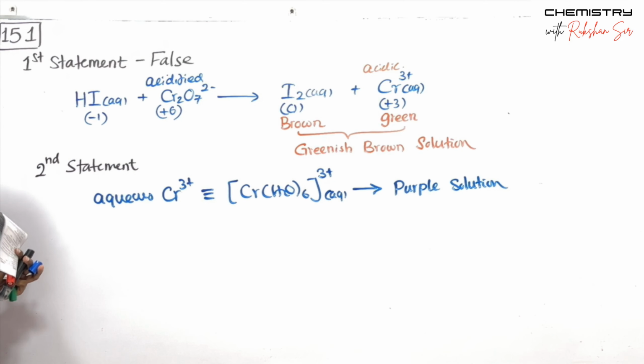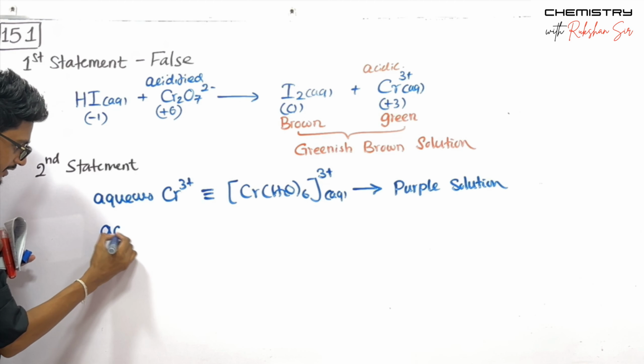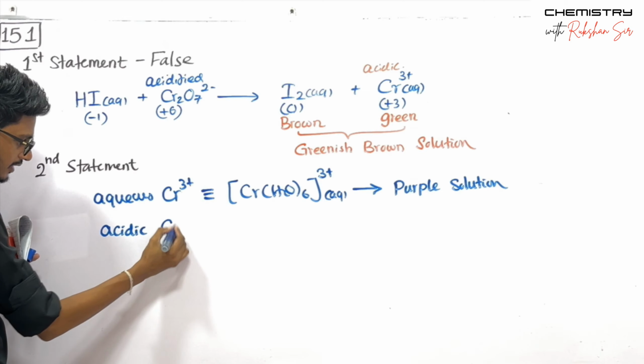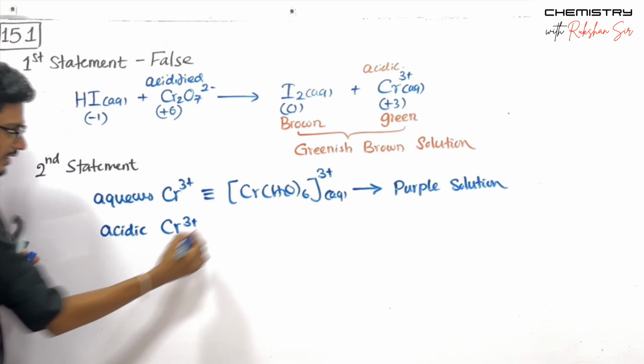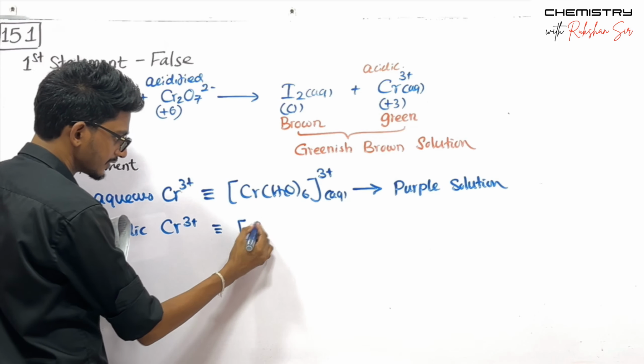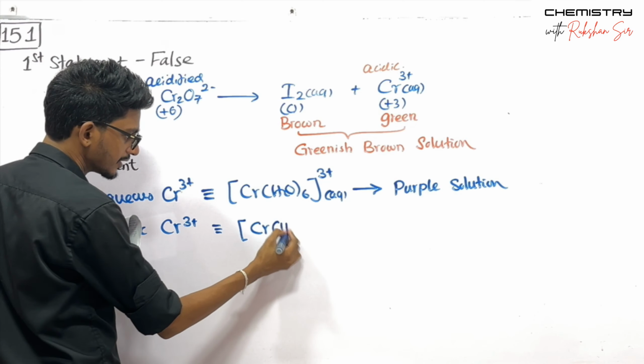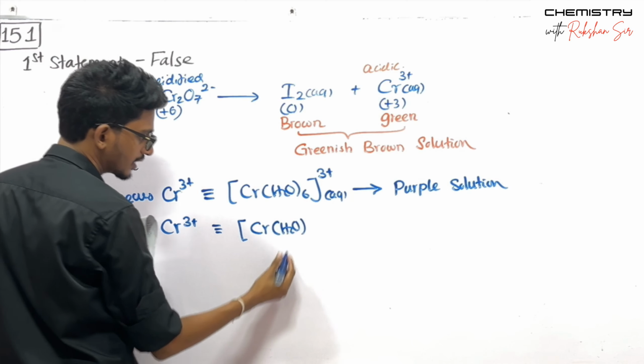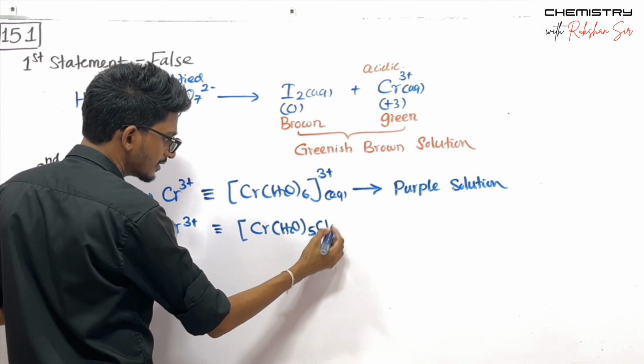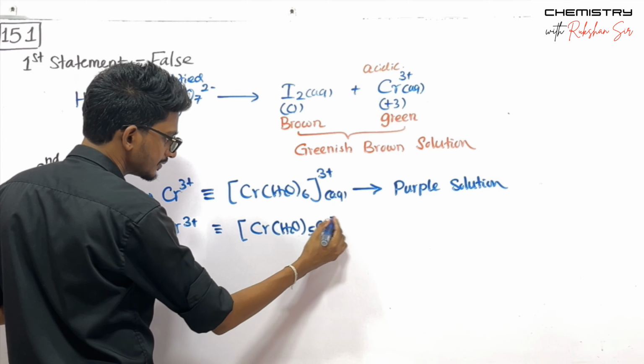What is green is actually the acidic medium Cr3+. That means this ion, if you acidify the medium with HCl, it would be this. Or if you acidify the medium with H2SO4, the complex would look like this.